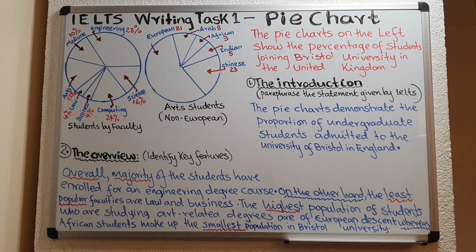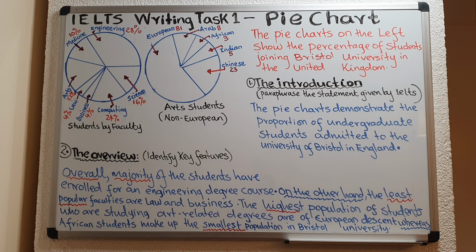Now, how do you write the introduction? When it comes to your introduction of writing task 1, what you have to do is paraphrase the statement that is given to you by IELTS, okay? Paraphrase the statement that is given to you by IELTS. Now, the statement that we have here is in red. That is the information that is provided to you by IELTS with the pie charts.